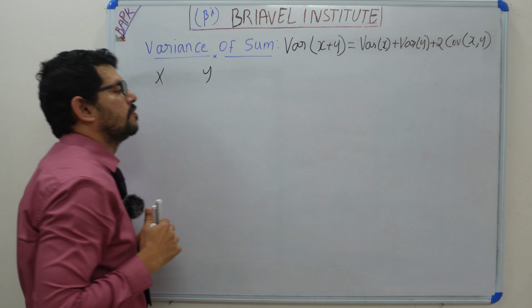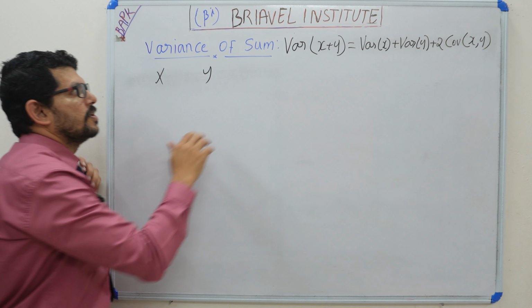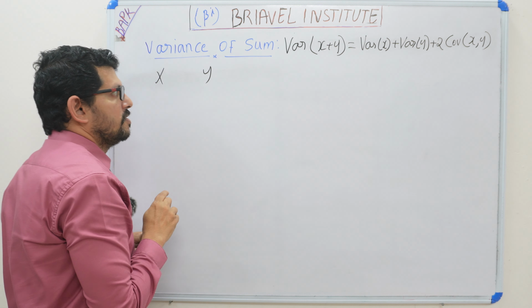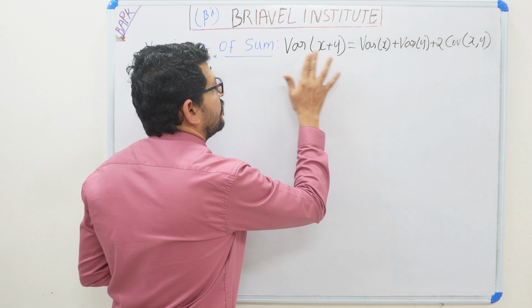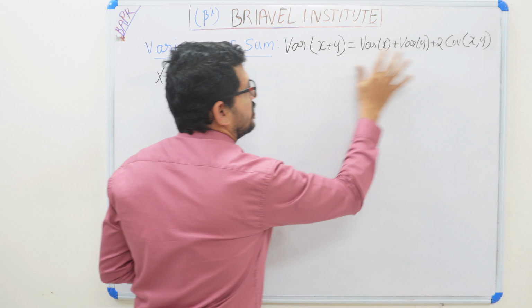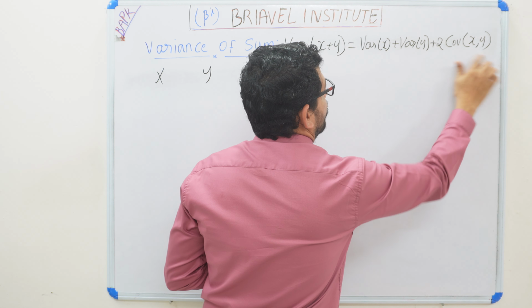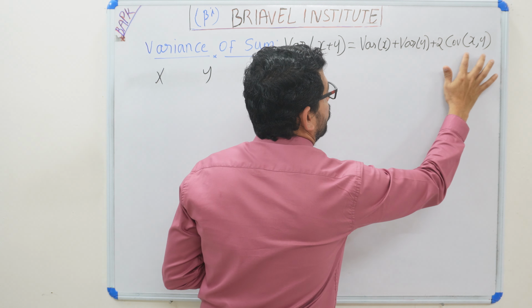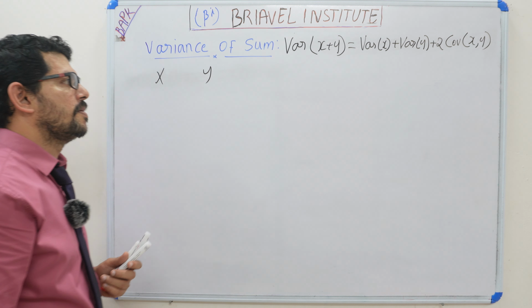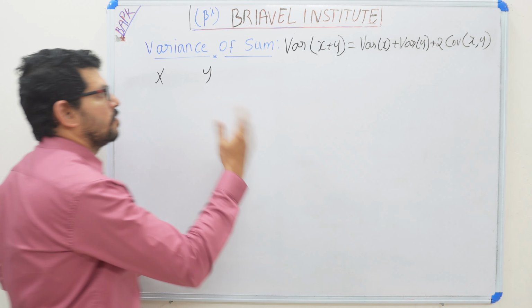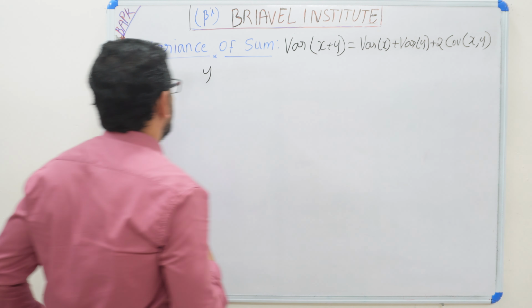So this is the formula for the variance of x plus y. We have the variance of x, the variance of y, and additionally 2 times the covariance of x comma y. So we can check how this formula is proved.